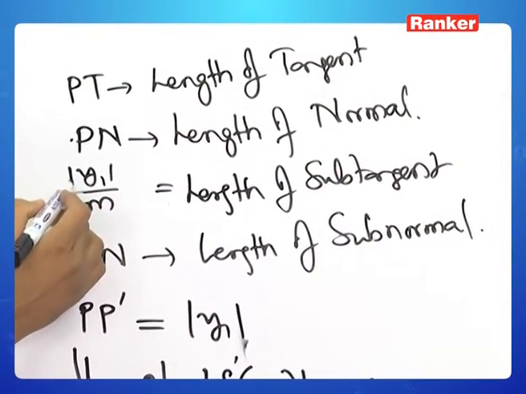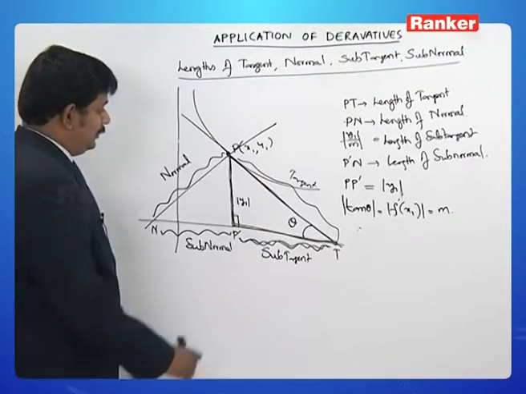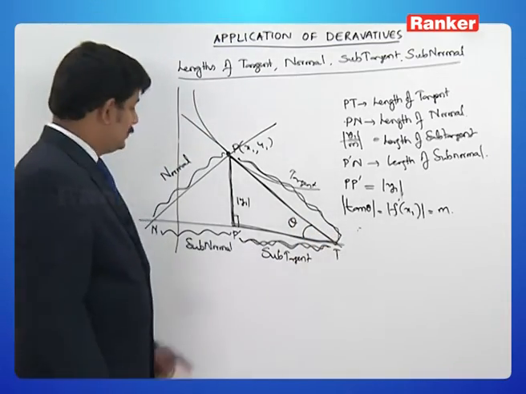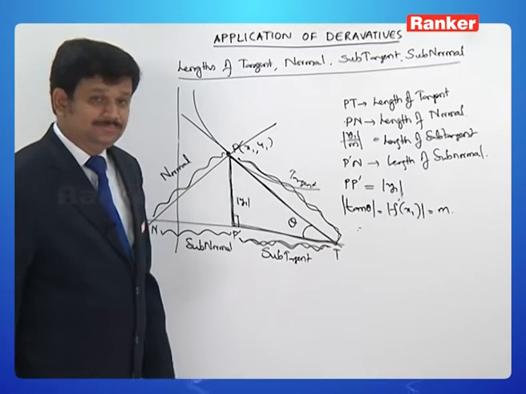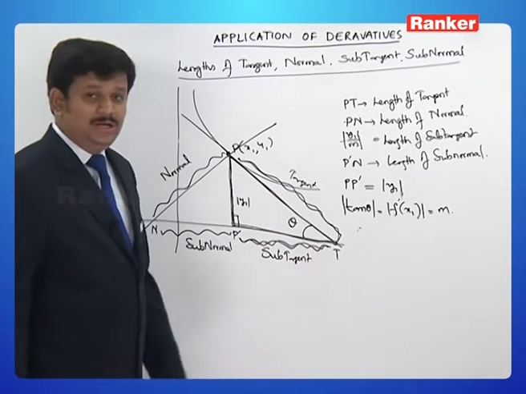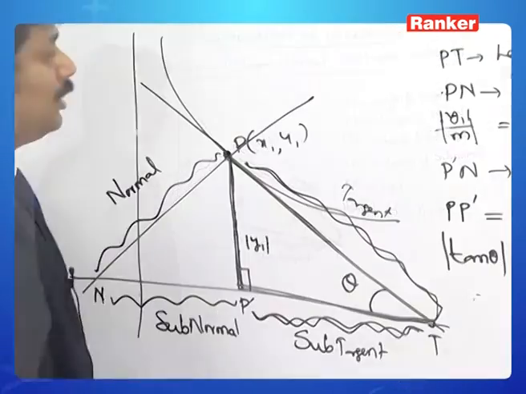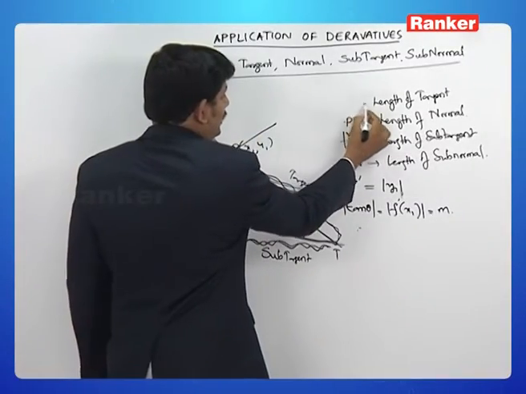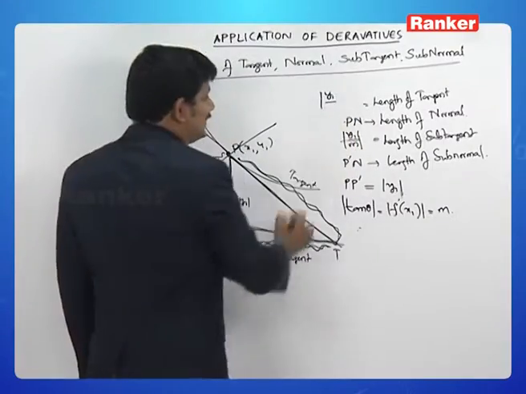The mod is for the entire expression because length has to be positive. Now look at this hypotenuse. Opposite side by hypotenuse is sin theta. So hypotenuse is given by mod y1 into cosecant theta, or mod y1 by sin theta. So length of the tangent is equal to mod y1 by sin theta.